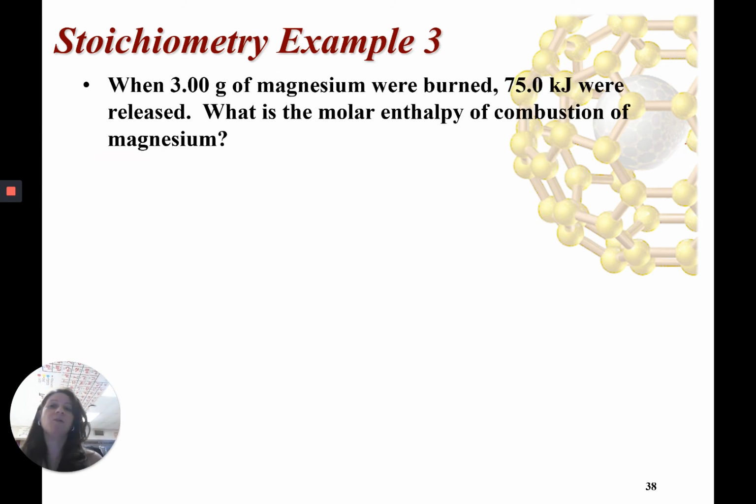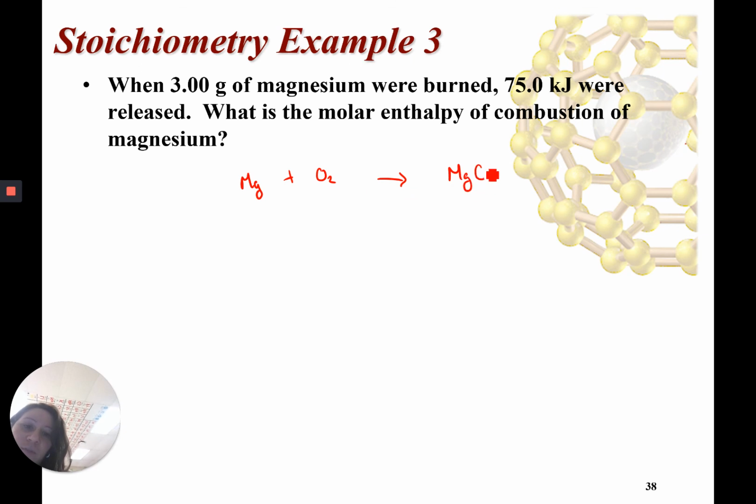Okay, last problem. We have 3 grams of magnesium. When they're burned, we release 75 kilojoules of heat. What is the molar enthalpy of combustion of magnesium? So they don't give us an equation here, so let's write our equation. We're burning magnesium. So take Mg, add oxygen, you would get MgO.